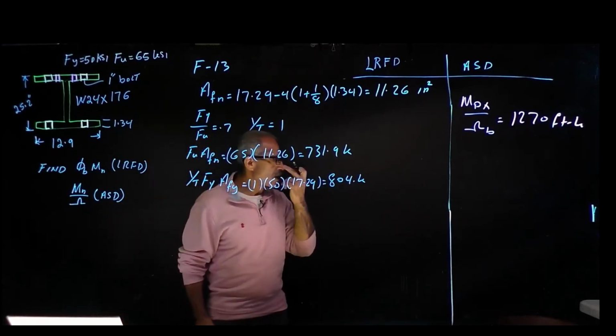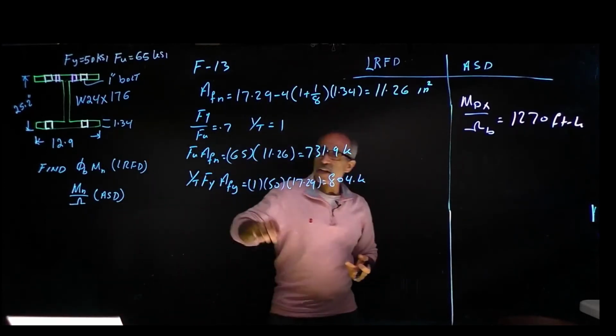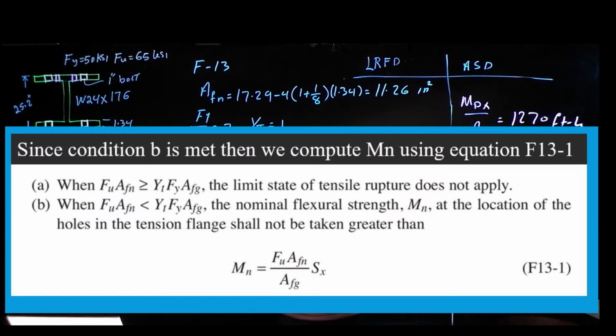Looking at the section right there, it says that Fu times AFN, if it's less than this, then section F13 B will apply. Let me read it to you.